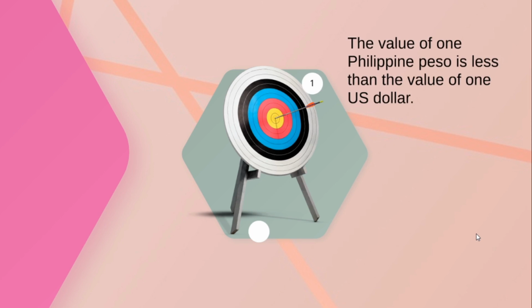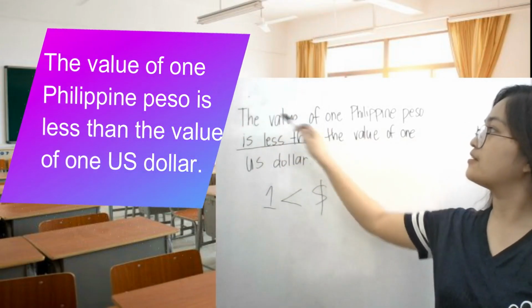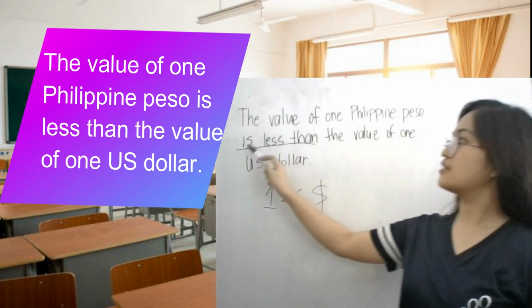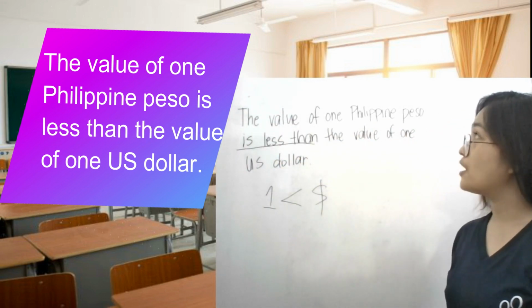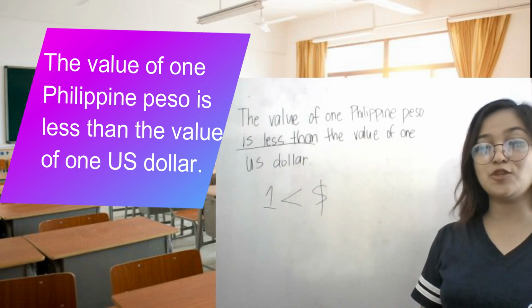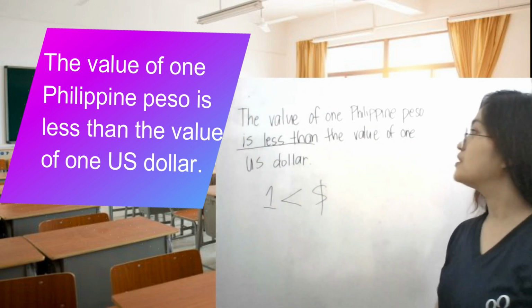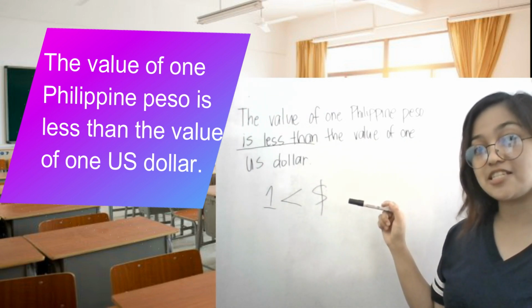So, I'll be presenting a video presentation for you to see how to translate these words or statements into a mathematical equation. We have the first example, the value of 1 Philippine peso is less than the value of 1 US dollar. So first of all, what should we do to translate the words into a mathematical equation?